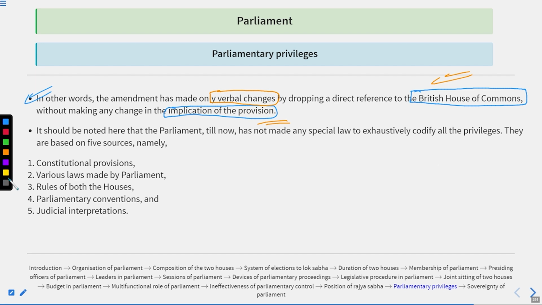After this, it should be noted here that the Parliament till now has not made any special law to exhaustively codify all the privileges.